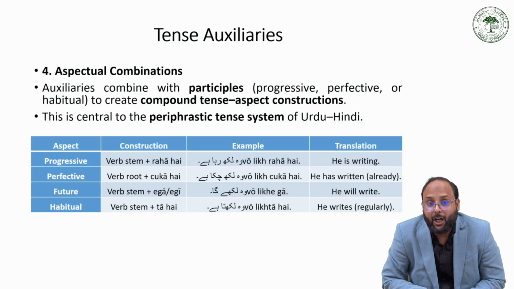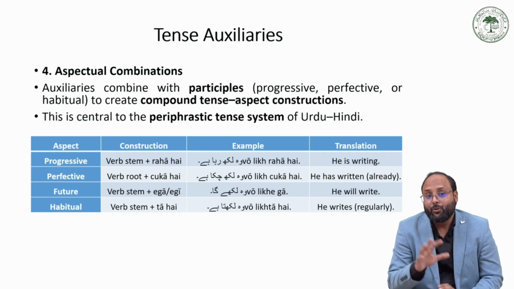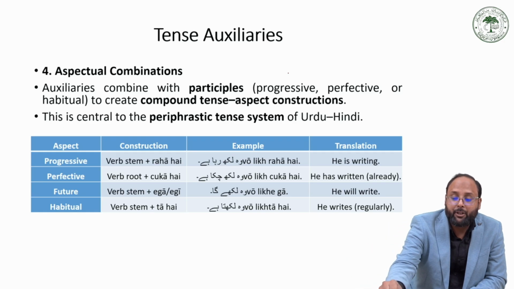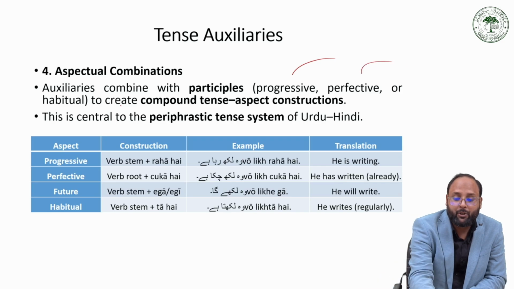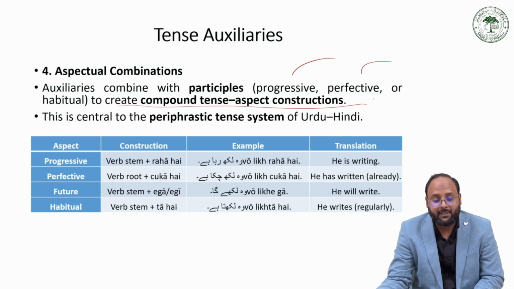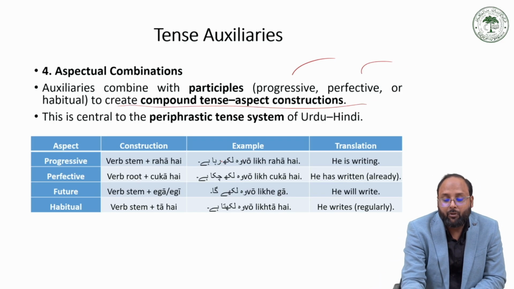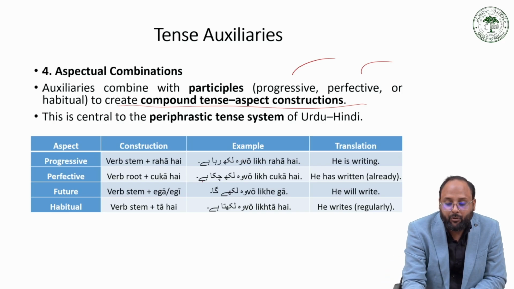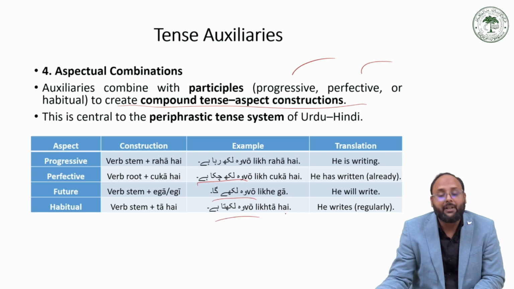Tense auxiliaries, that is the aspectual combination. So auxiliary combined with participles, that is to make it progressive, perfective, and habitual to create the compound tense aspect construction. Like वो लिख रहा है, and like वो लिख चुका है, वो लिखेगा, वो लिखता है.